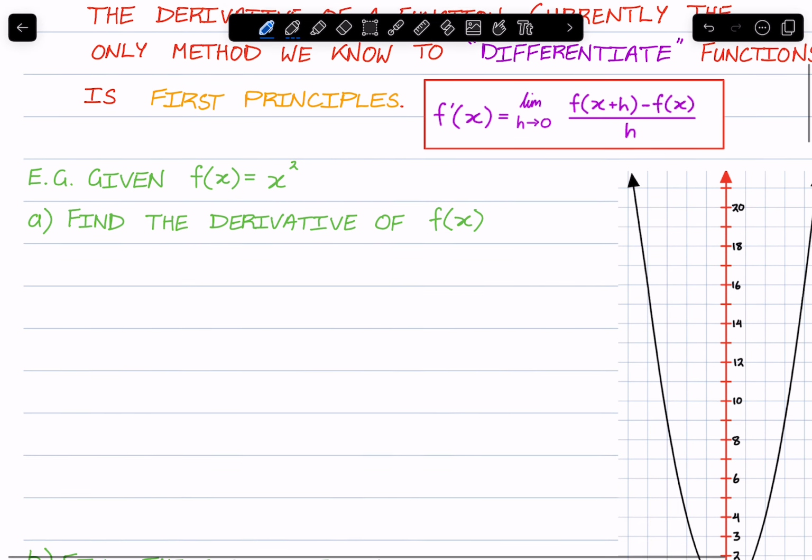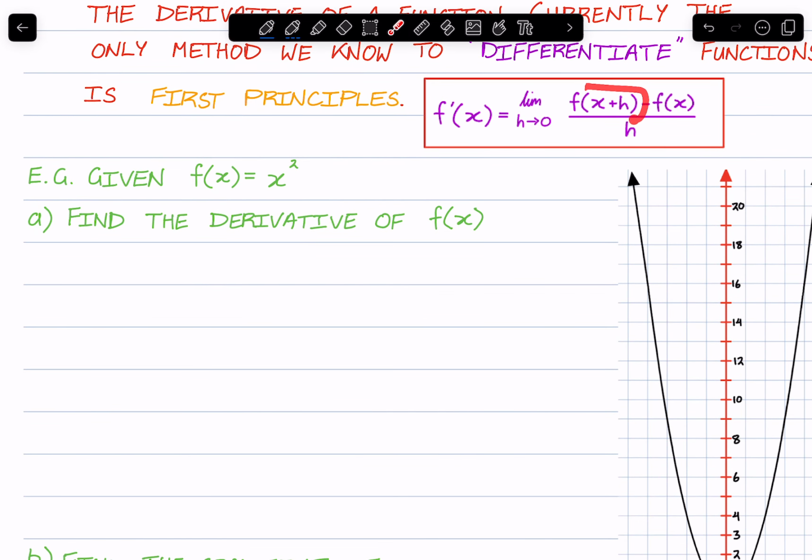So how I like to teach it here is we find this first expression. This is actually one of the harder ones to work with. So we find f of x plus h. Since our function is x squared, we substitute x plus h into this expression.